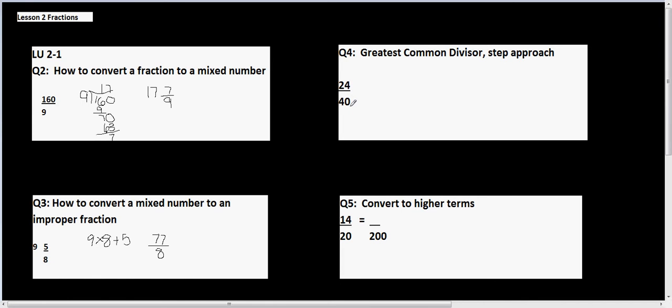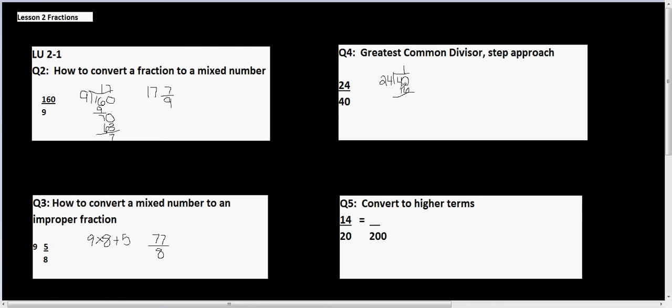Using the step approach to this, what we do is we start off by taking 24, the numerator, and dividing it into the denominator, into 40. So how many times does 24 go into 40? Well, the answer is 1 time. We subtract that from 40 and we find out that we have 16 left over.